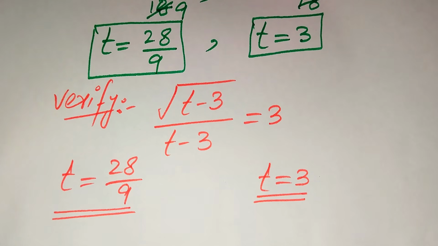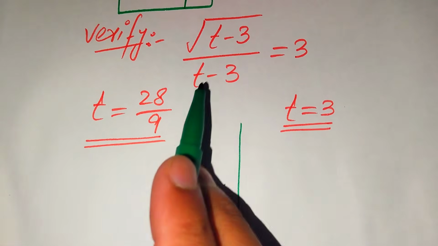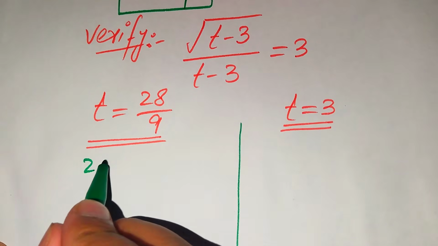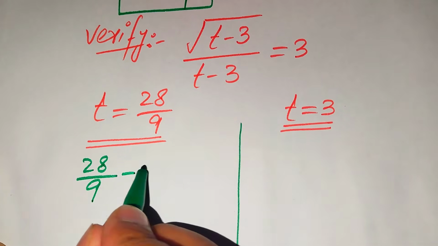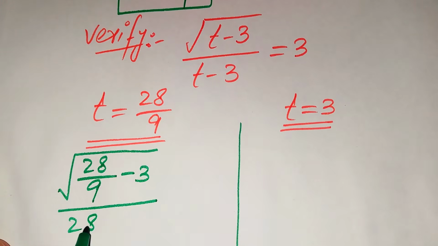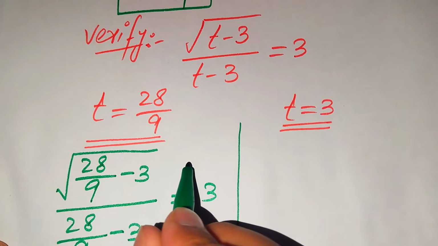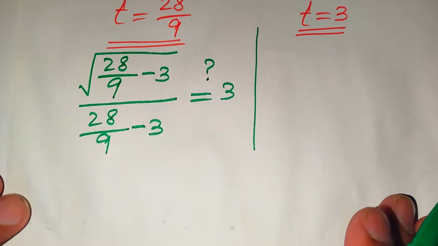So first we verify t equals 28 over 9. When we put this value here, it will be written as the square root of 28 divided by 9 minus 3, divided by 28 divided by 9 minus 3, and we check whether this equals 3 or not.